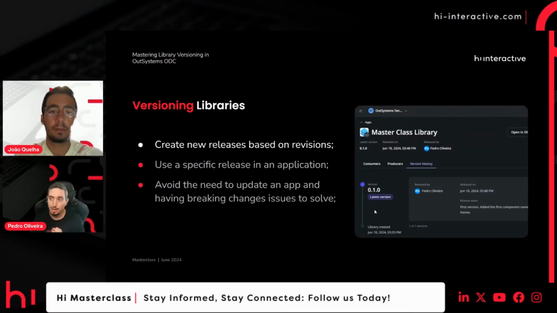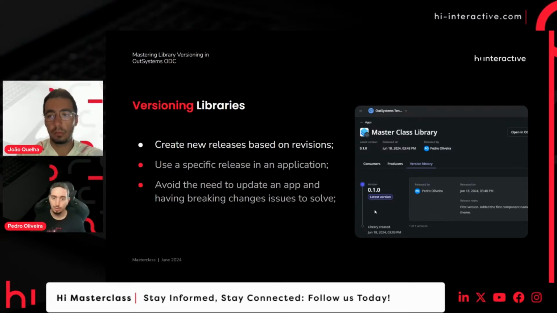So libraries now allow us to create versions, and these versions or releases, the releases are based on versions. Every time I publish a library, I can perform like 20 publishes, and then at the end of my day, when everything is tested, I can create a new release based on the version that I know is working.